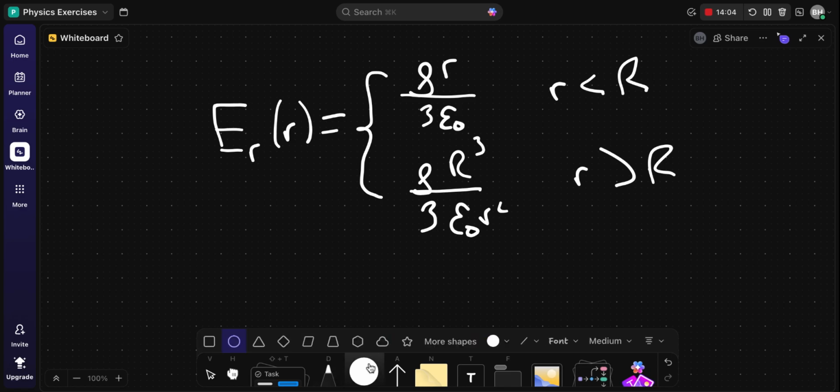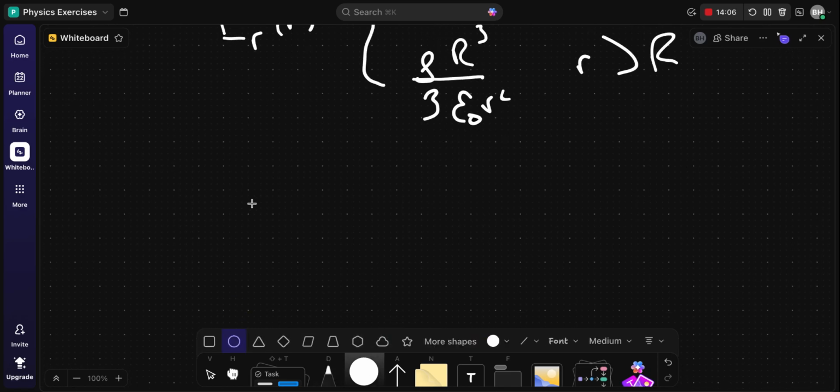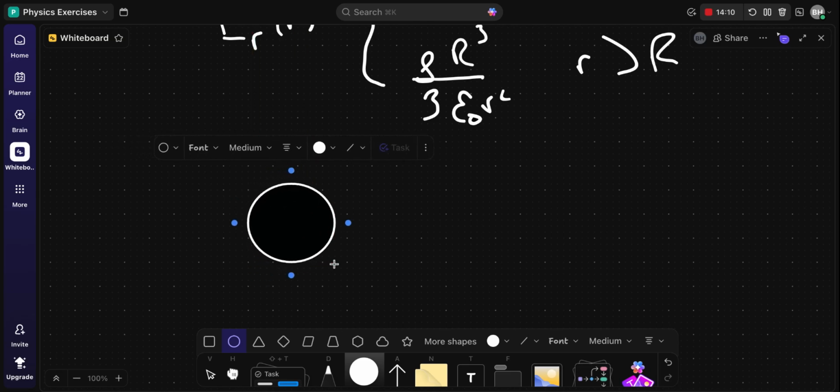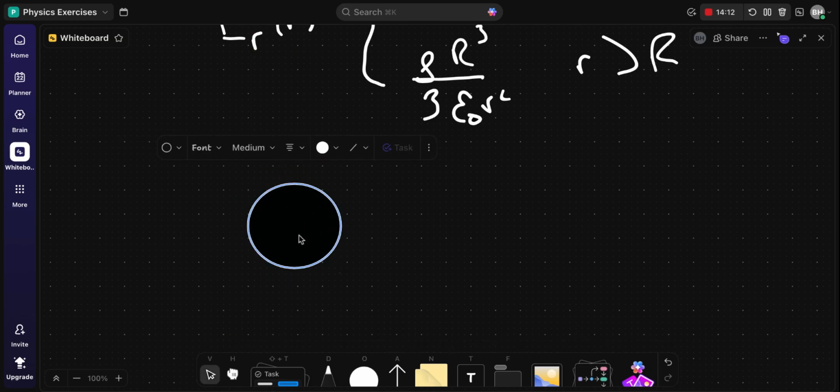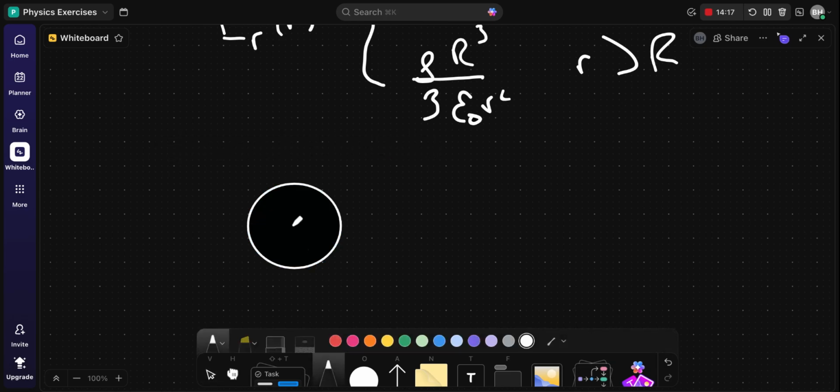Let's try to picture it. I'll use a shape again. So suppose that here's the sphere that we are talking about. The electric field is always pointing radially outwards, but its magnitude depends on how far you are from the center. I didn't draw that very well actually.